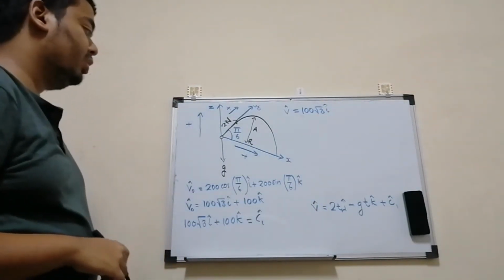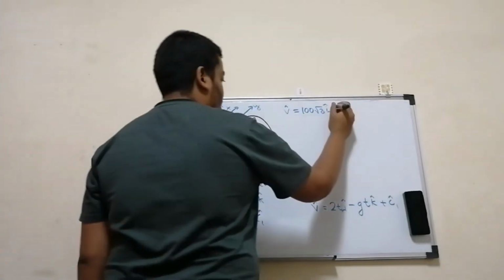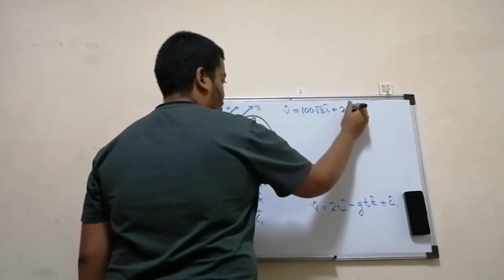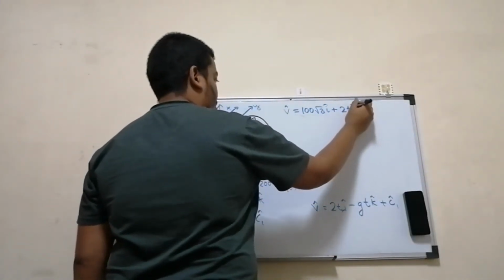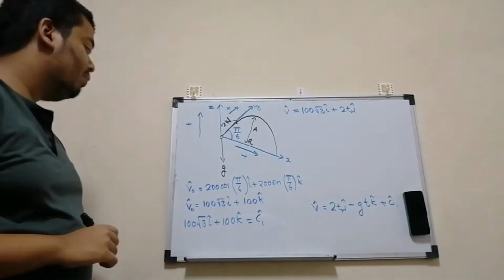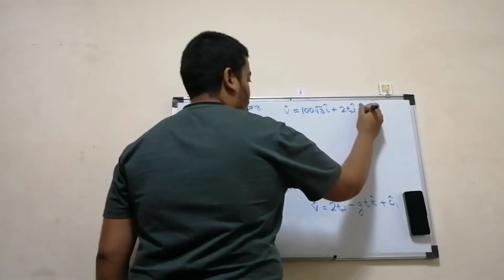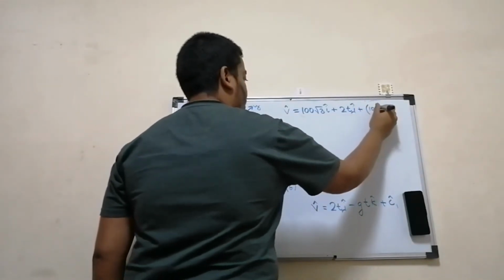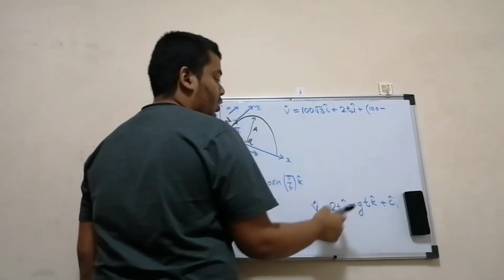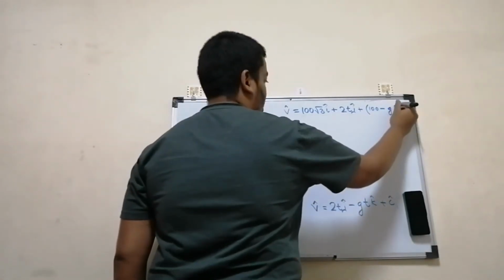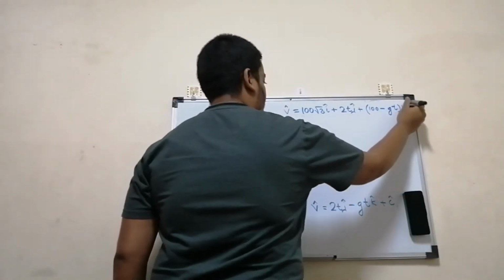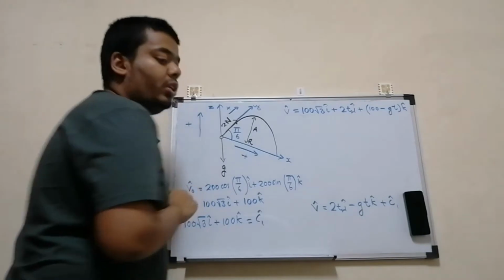Plus 2tj, and then plus 100k plus 100 minus gtk. Okay, this is our velocity vector.